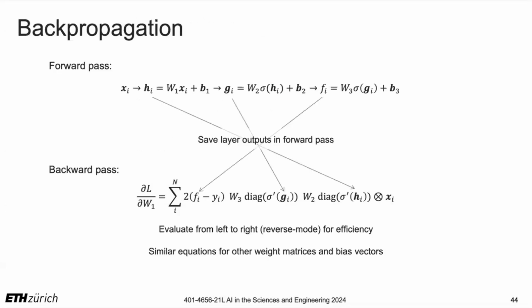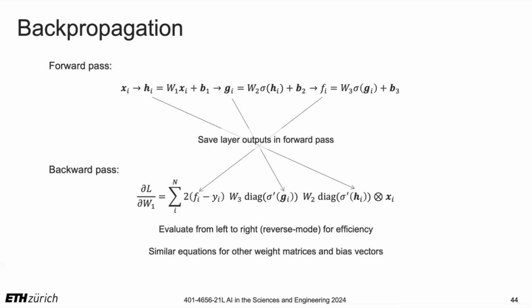The way that modern deep learning frameworks like PyTorch and TensorFlow work is they use an algorithm called backpropagation to evaluate these gradients of the loss function with respect to the trainable parameters of the network. Backpropagation evaluates exactly this expression.